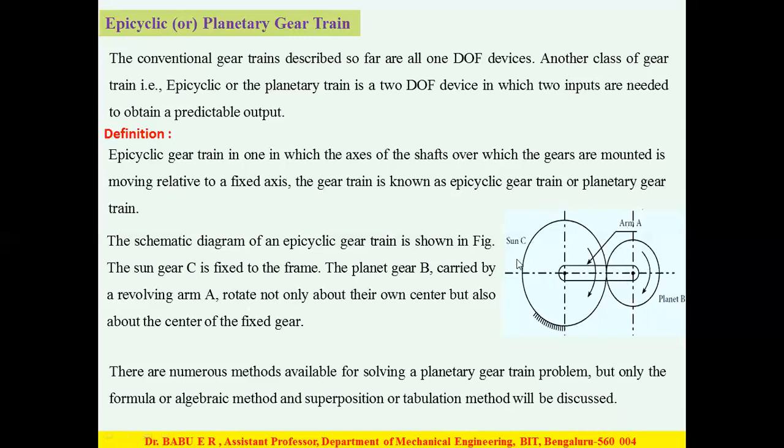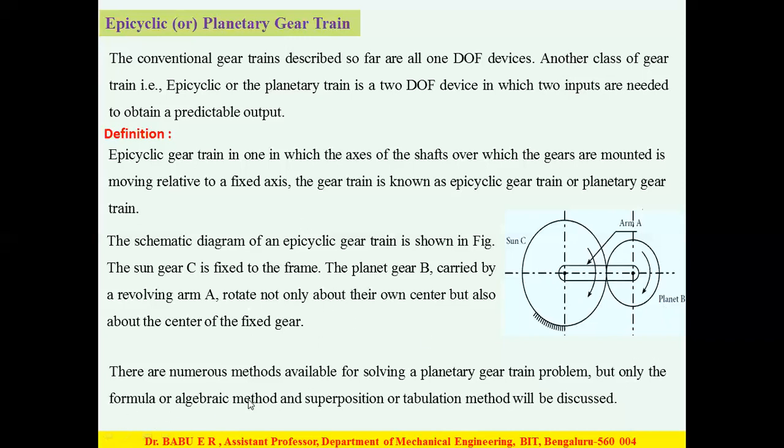This is the working of the epicyclic gear train. We call it a sun and planet gear because it is similar to our solar system, where the planets revolve about their own axis and along with that revolve with respect to the sun. The same principle is used here, so we call it a sun and planet gear train or epicyclic gear train.